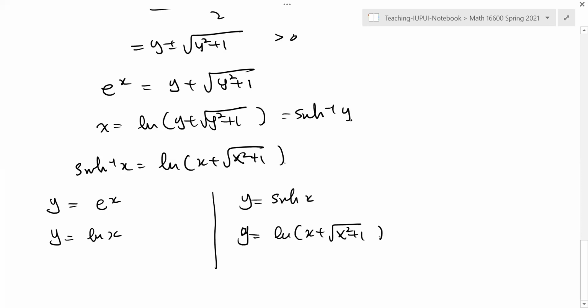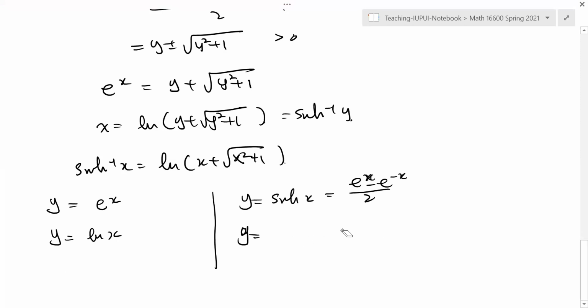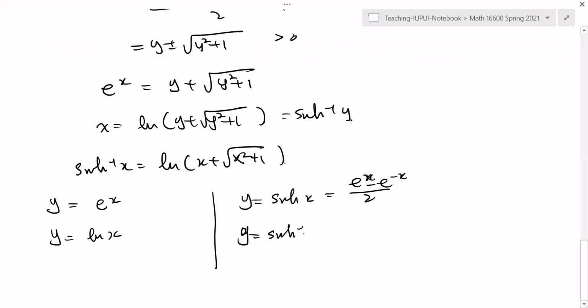And here, y equals hyperbolic sine x, which is e to the x minus e to the negative x over 2. We don't have a new name for the inverse function like we do for e to the x, where the inverse is natural log of x. We just simply write it like this, right?